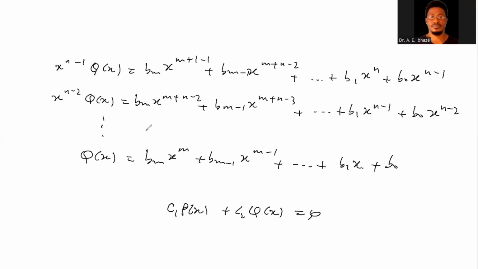So the Sylvester matrix S_PQ will now become something like: a_n, a_(n-1), all the way to a1, a0, 0 all the way to 0.